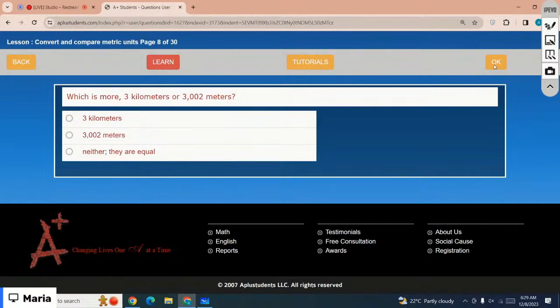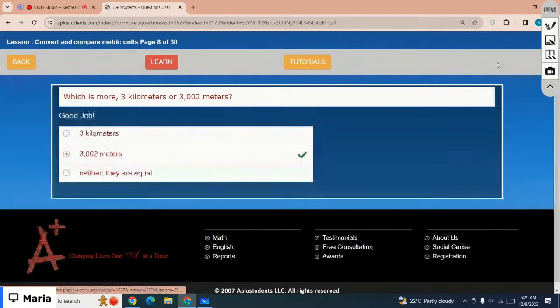Yes, 3002 meters is more than 3 kilometers. So the correct option is 3002 meters, right?